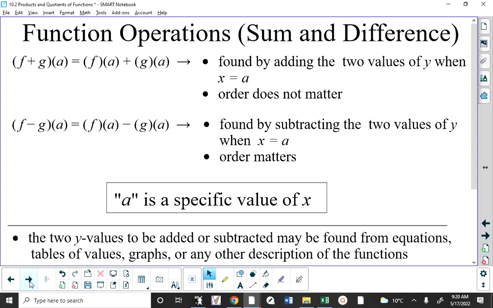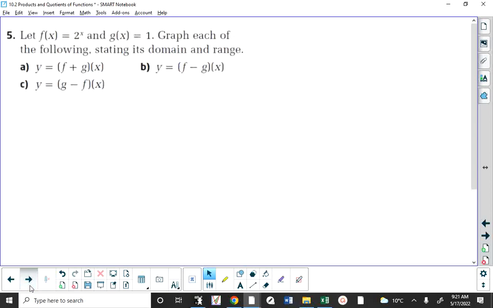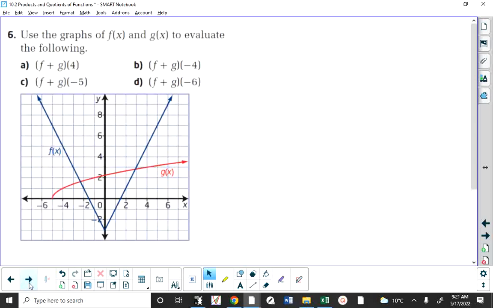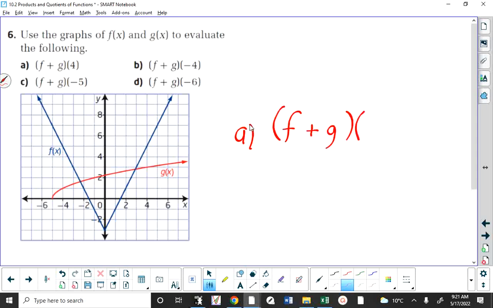One final note here. If you're looking for the y values or coordinates to add or subtract, there's a whole raft of ways that you can find them. Maybe you're given the equations of both functions, so you can calculate each y coordinate. Maybe you're given a graph, like question 6, I believe, where if I said to you, what is (f plus g) of 4, that simply means f of 4 plus g of 4.